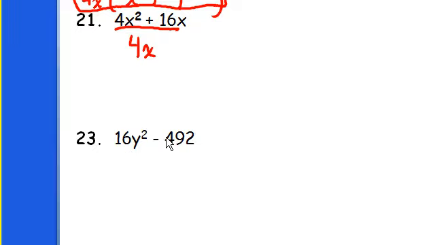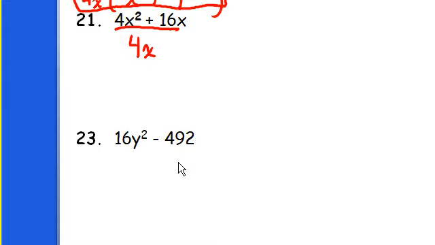16y squared minus 492. I have a suspicion that 492 is a perfect square. Let me just do a little calculation. I don't have a calculator on me.